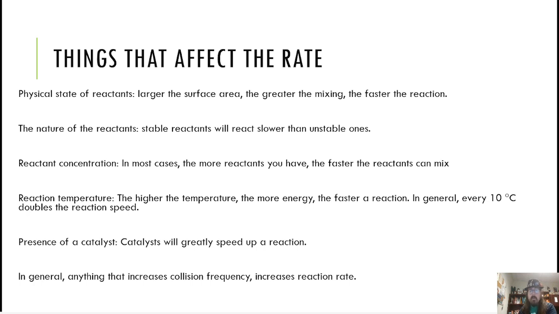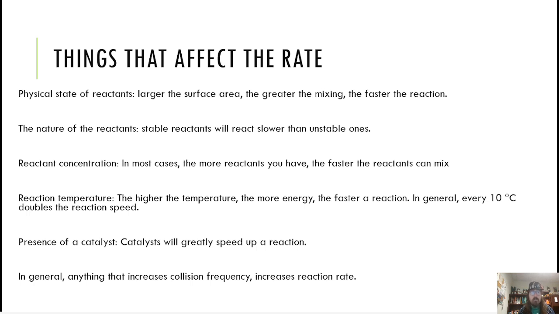In general, there is a saying that for every 10 degrees Celsius, reaction speed typically doubles. It's not a hard and fast rule and it's not perfect, but for most cases, reaction speed usually doubles with every 10 degree difference.